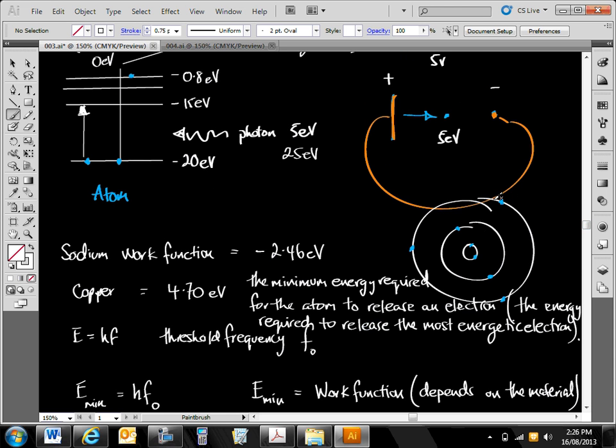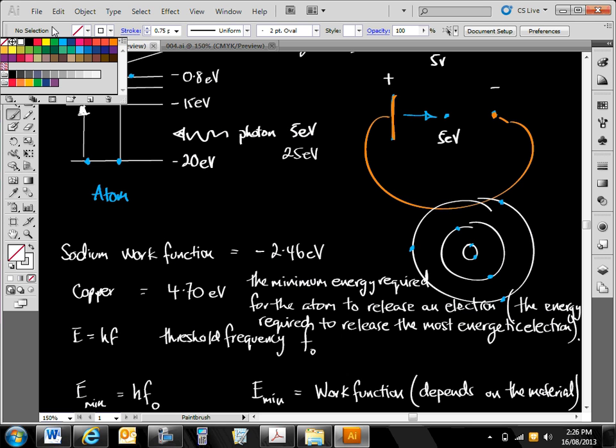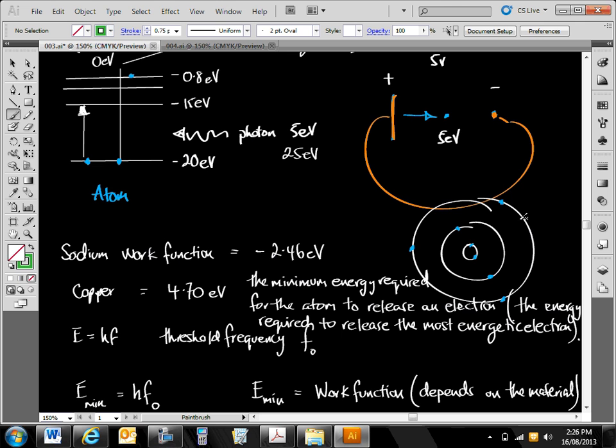Imagine we have this idea that we're going to pick on one of them, and we'll say this one here is the most energetic electron around that atom. Now, that electron there might correspond with this minus 0.8 eV. Can you see the work function based on the energy level diagram?